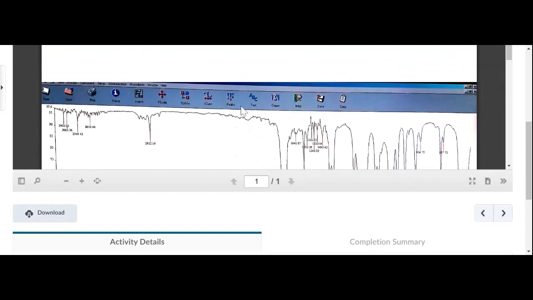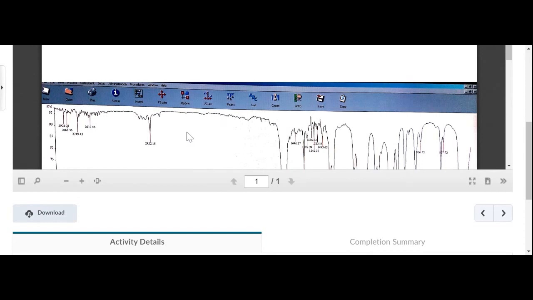If you had an OH group, because benzoic acid has an OH group, then you would have a very broad round peak going from 2500 to 3500. Now it is not there, and it's good that it's not there, because if it was, that means you had OH.